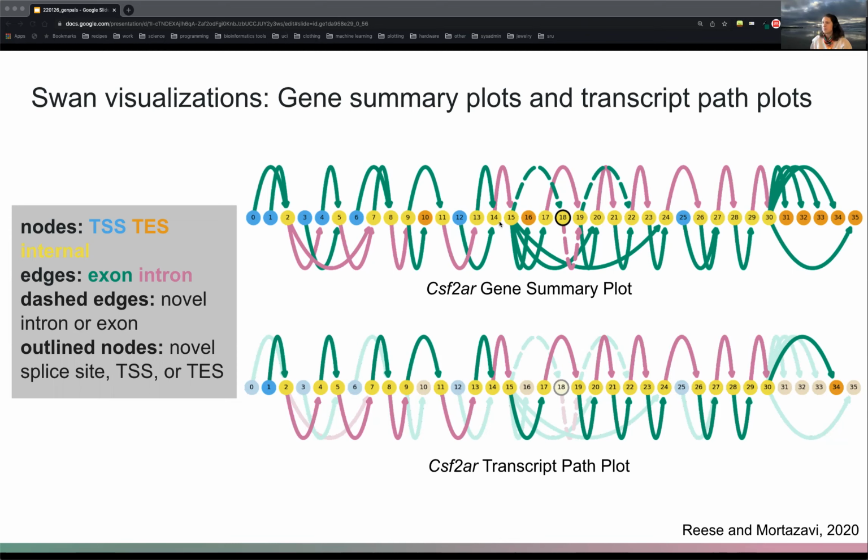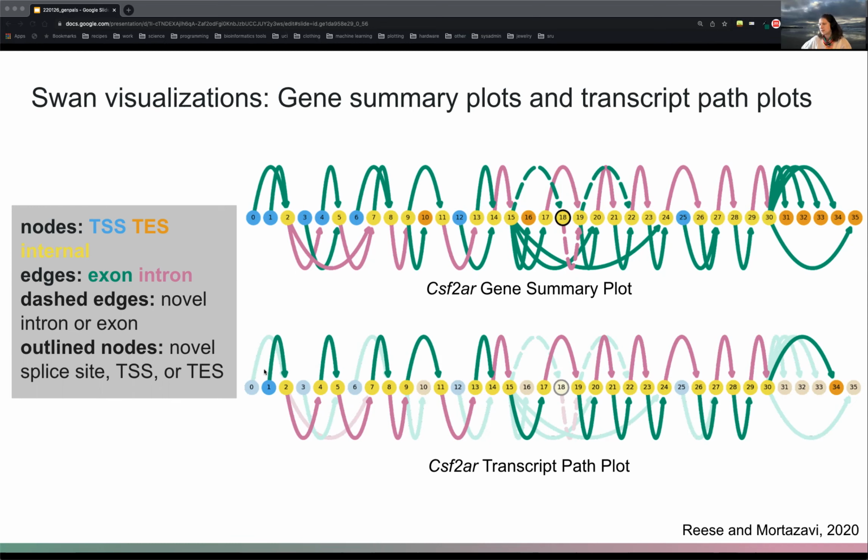And so the dashed introns and exons here indicate introns or exons that are not seen in the annotation. And the outlined nodes here indicate splice sites or TSSs or TESs that are not seen in the annotation. So there's not too much novelty in this gene, but there is this novel splice site seen here, which in turn propagates to this novel exon, intron, and exon here.